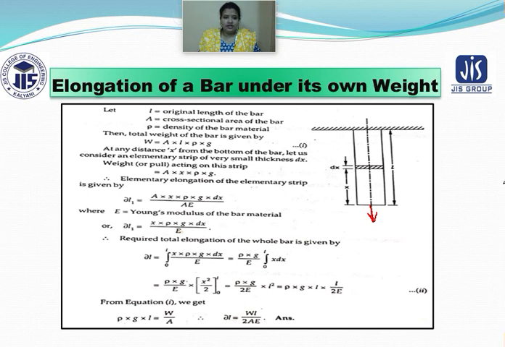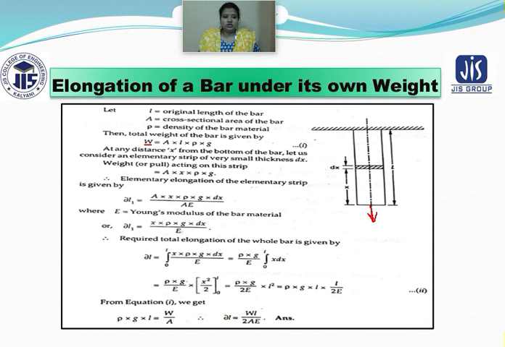Capital A has been considered as the area of cross section of the bar, and rho has been defined as the density of the bar material. As I have already told, the bar has its own weight, denoted by capital W, which is written as area into length into density of the bar material into gravitational pull, that is g.